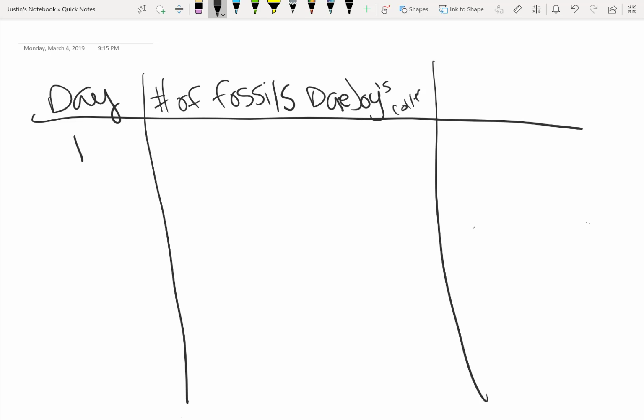Sorry, I gotta write kind of sideways. Just do it as best you can. And then this will be number of fossils in Damien's. And you'll know that's collections.